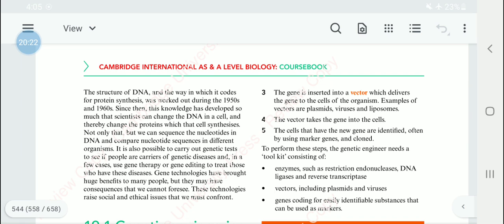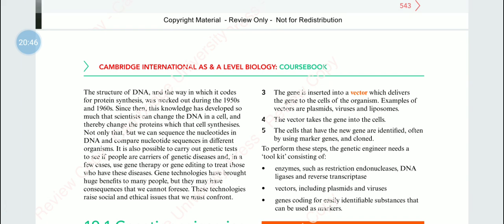The vector could be a plasmid, virus, or a liposome. Number 4, the vector takes the gene into the cells. Number 5, using a marker gene, the new gene is identified and would be cloned.